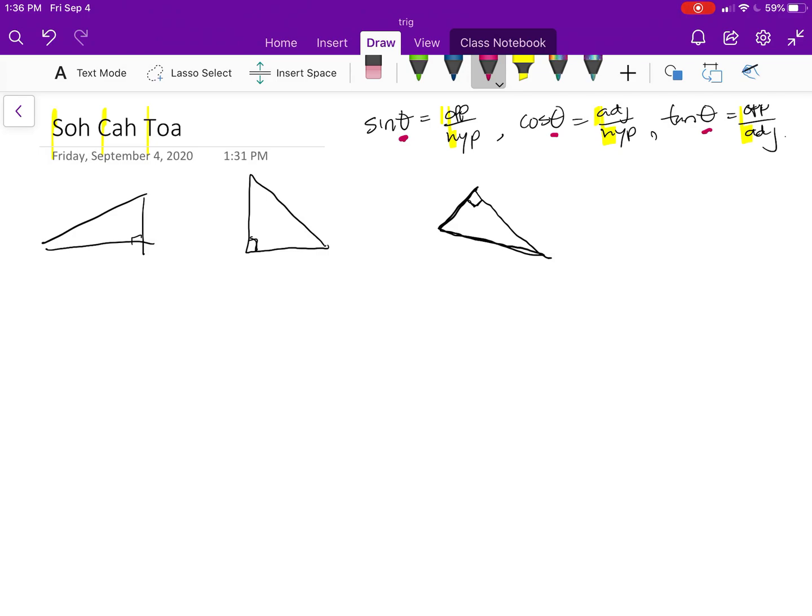My guess for the reasoning is it comes back from our Pythagorean theorem, a squared plus b squared equals c squared. So the side lengths are lowercase letters.